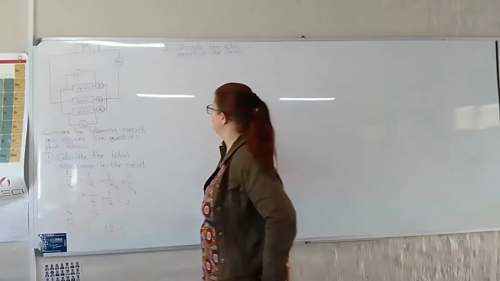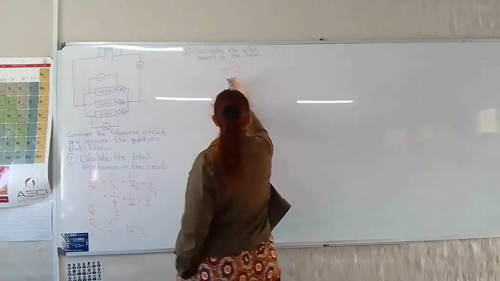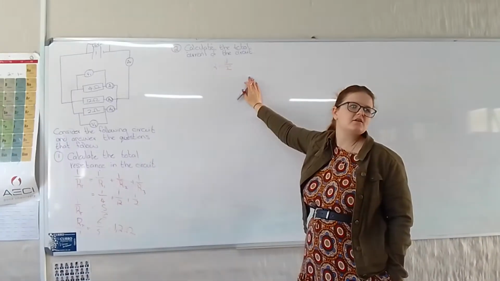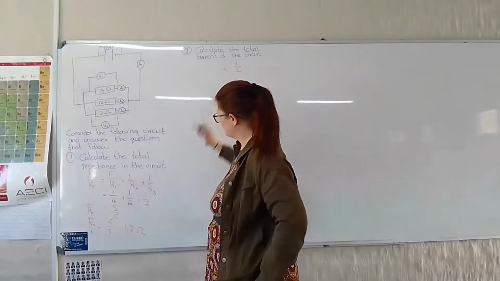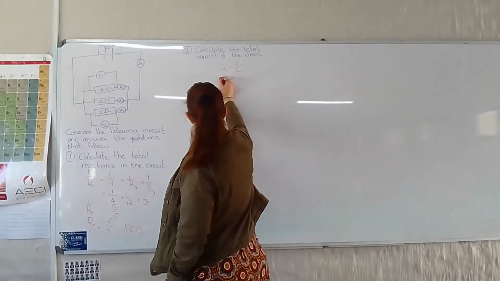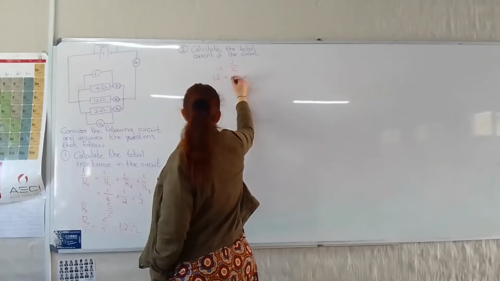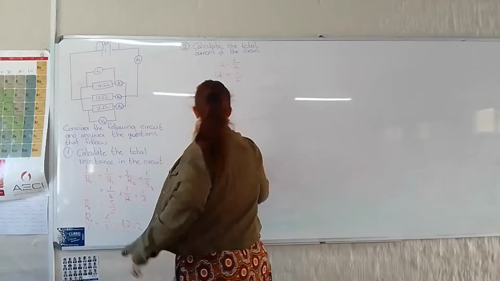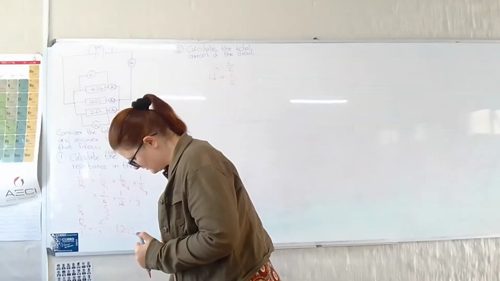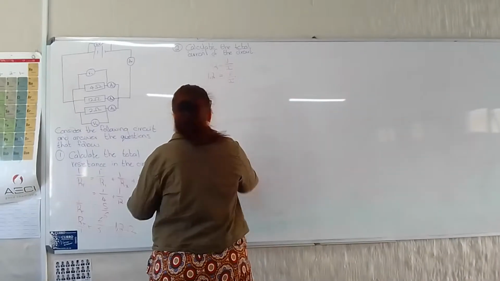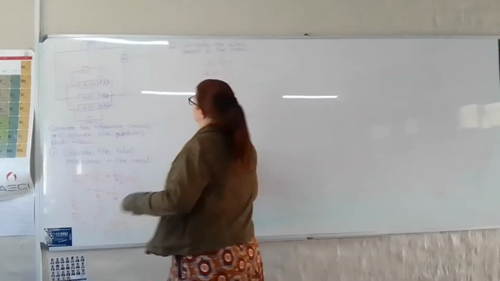R is equal to V over I. Importantly for my grade 10 learners, you have to start with this formula. Not important for my grade 9 learners. So for my resistance I use 1.2 ohms is equal to my voltage, which I'm given 6, over my current, which is what I want to figure out. Now I say 6 divided by 1.2 gives me 5. So my current is 5 amps.